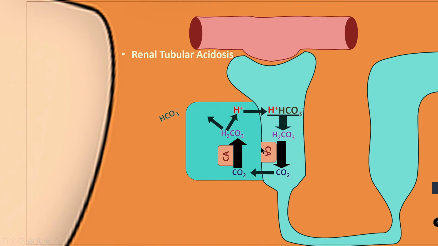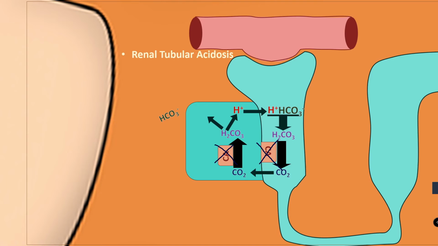Another reason is that you are talking about acetazolamide. What is acetazolamide? Acetazolamide is a carbonic anhydrase inhibitor. It will inhibit this carbonic anhydrase enzyme, and when this carbonic anhydrase enzyme is inhibited, what will happen? This process requires carbonic anhydrase.